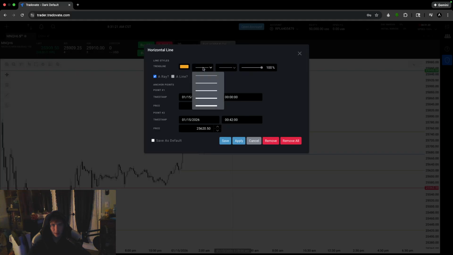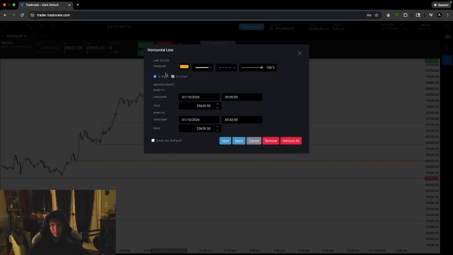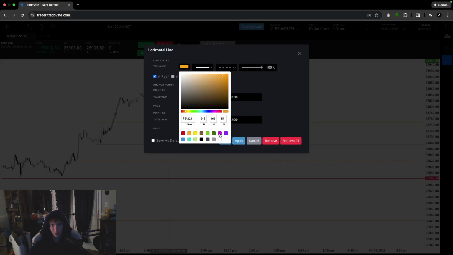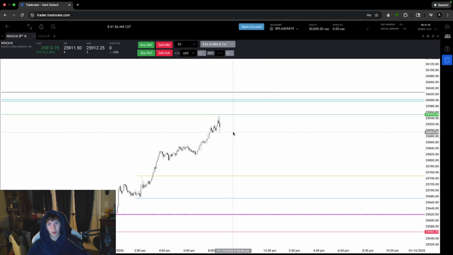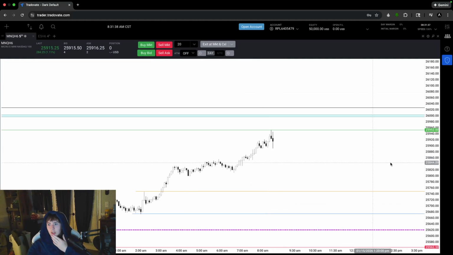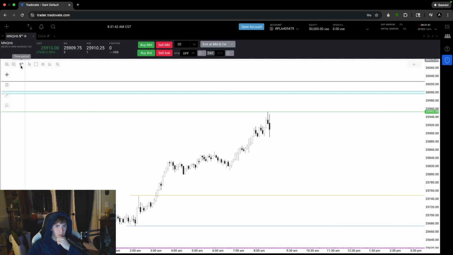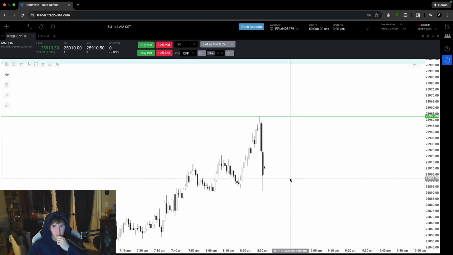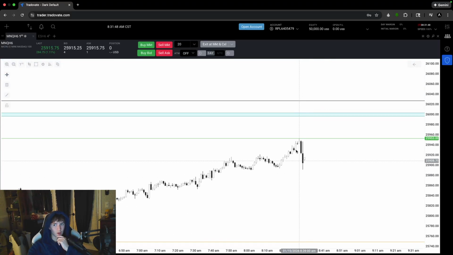Let's make this one a little thicker so we know that it's, make it purple, and we'll space it out some more and make it thinner. Okay, so far, yeah, this is all I saw today was this.